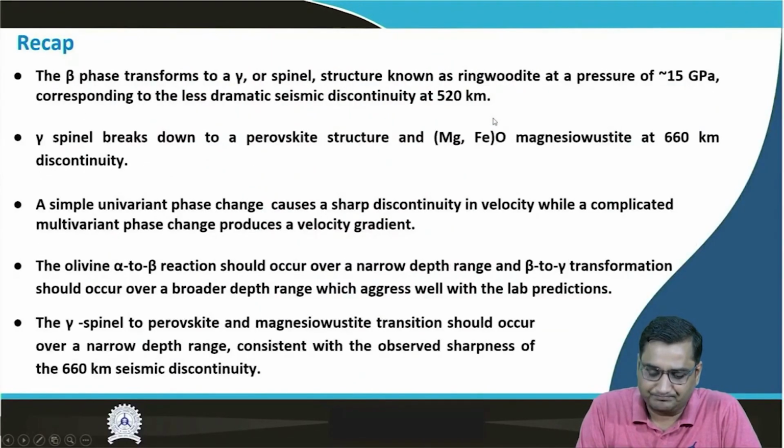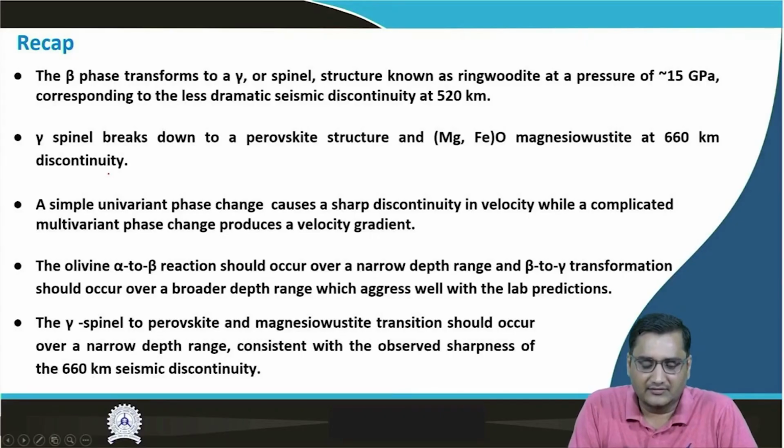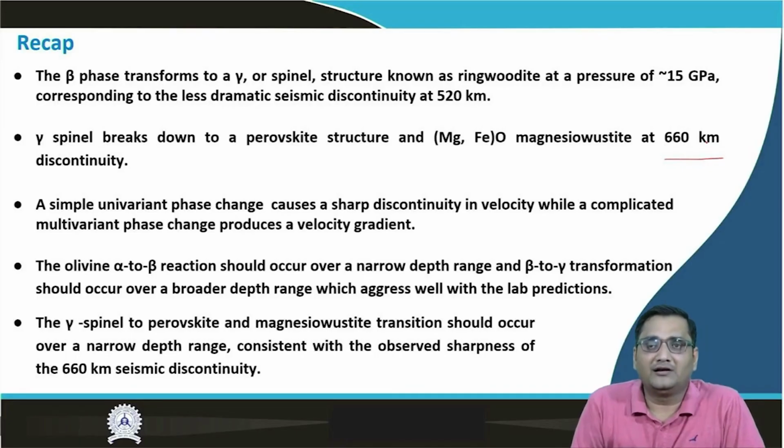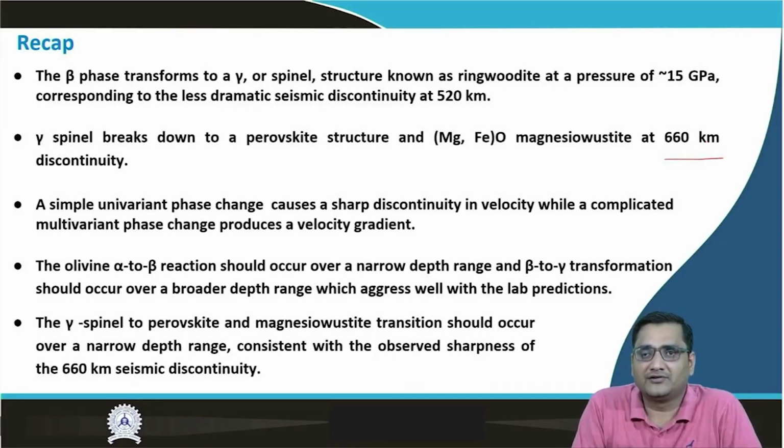Then this gamma spinel breaks down to perovskite structure and magnesiowüstite at around 650 kilometer depth, which is the depth of the discontinuity in the transition zone. Perovskite is also known as bridgmanite, and around 70% of the lower mantle is made up of this mineral.